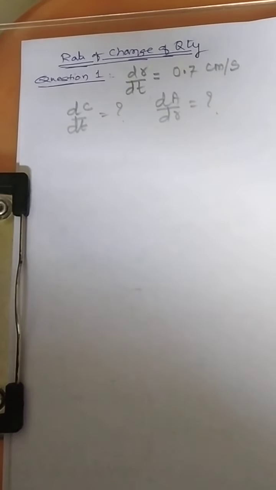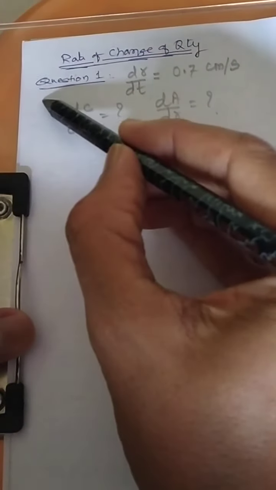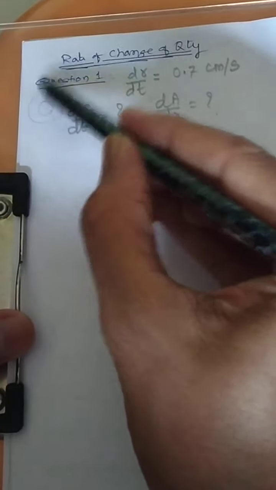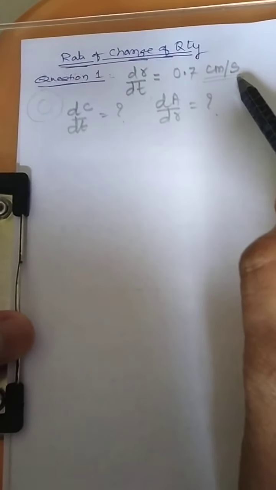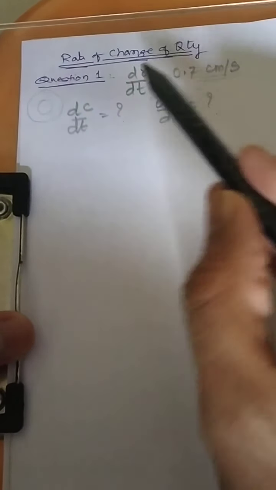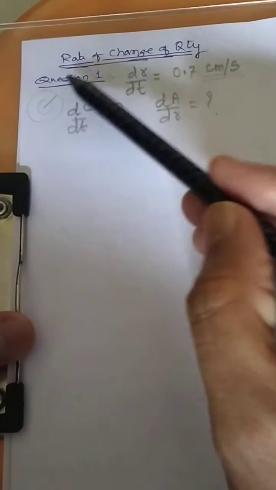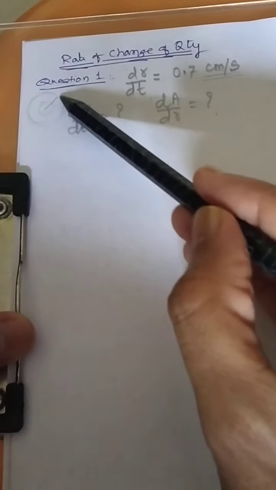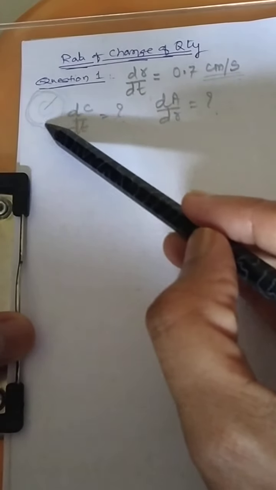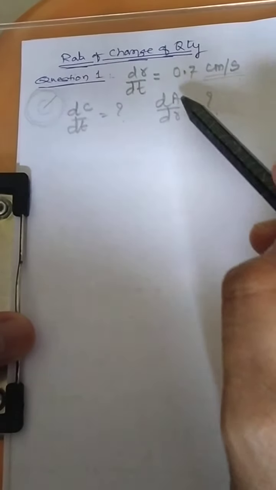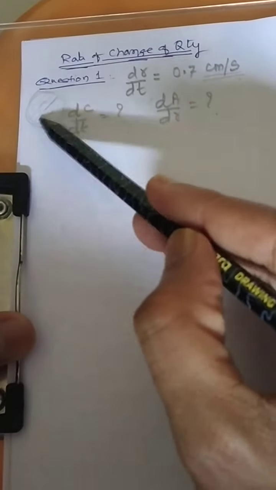The circle which forms is the first circle, then there will be a second circle. If you wait for 1 second, the radius of the circle increases by 0.7. Every time a new circle forms, its circumference will change and the area covered by that circle will also change.